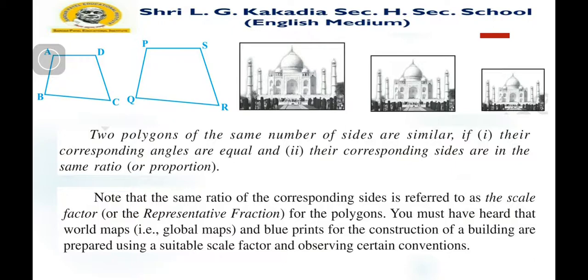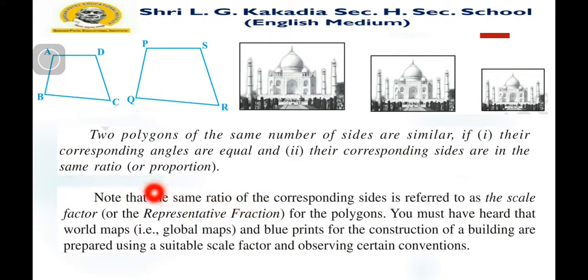Note that the same ratio of the corresponding sides is referred to as a scale factor. Here we have discussed the ratio between two corresponding sides. This ratio is called a scale factor or a representative fraction.